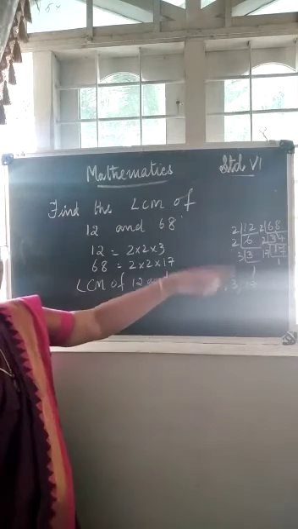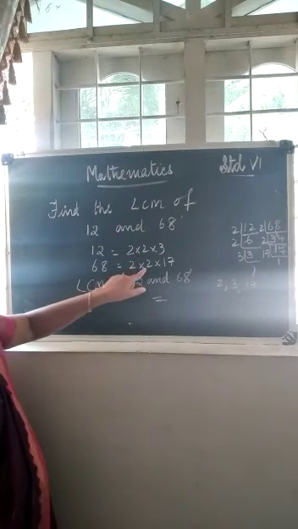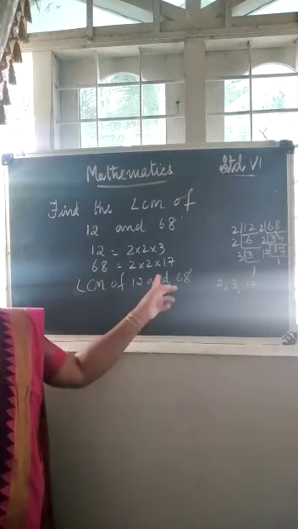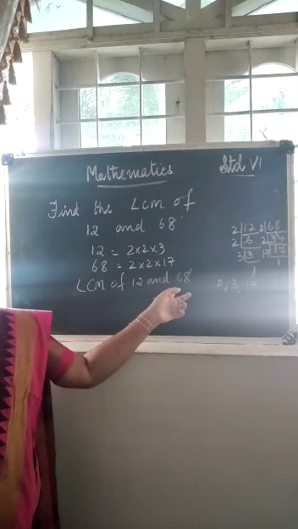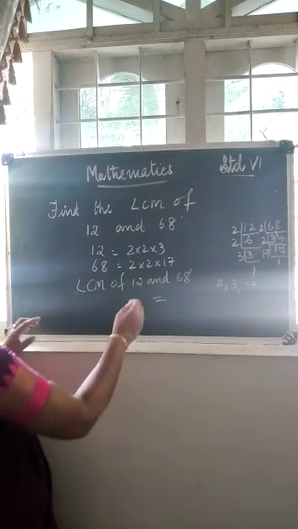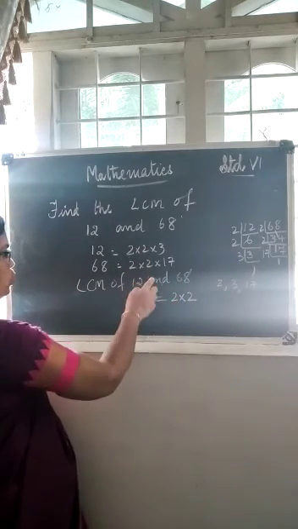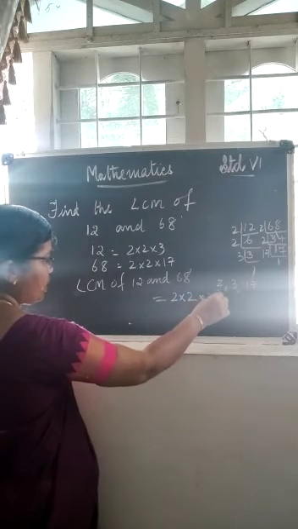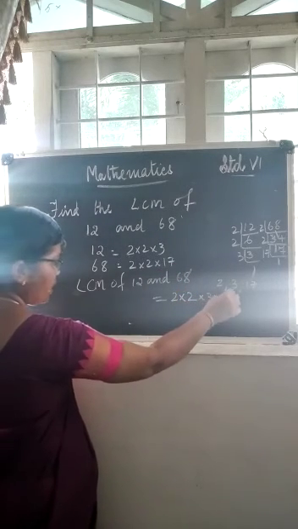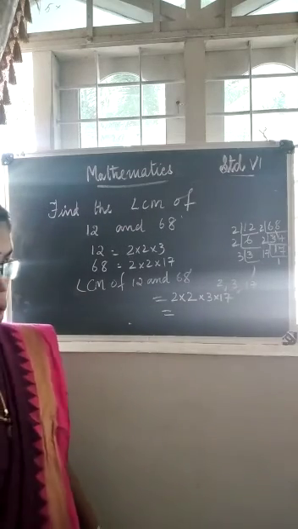Now 2, maximum how many times? 2 here 2 times. Here also 2 times. So 2 into 2, 2 times. Now 3 only one time, we can take only 3. 17 one time, we can take 17. So 2 into 2 into 3 into 17.